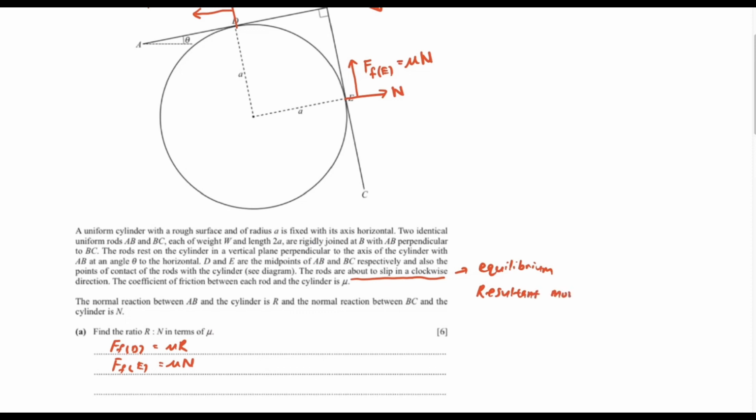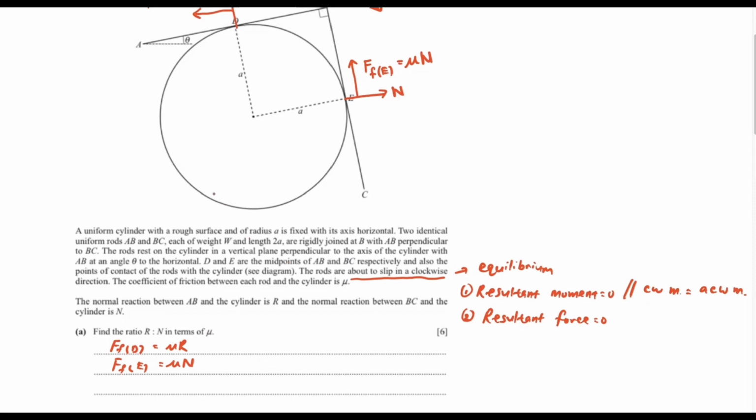Or you can use clockwise moment equal to anti-clockwise moment. Then the second thing is resultant force equal to 0. So these are the two concepts that we can use. We make use of this to form equations, and then from there we do some simultaneous equations.